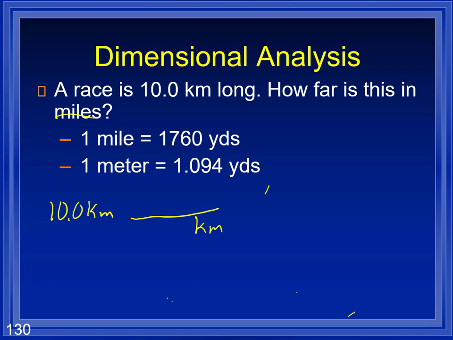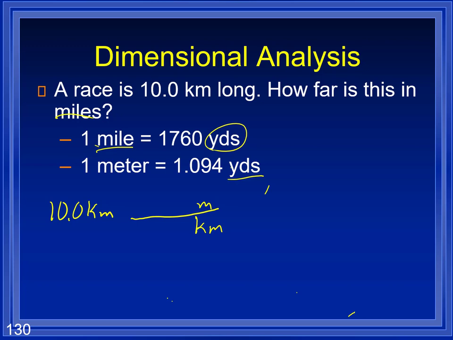I don't know that. So I gotta plan a route here. Can I get from kilometers to miles? Well, to get miles, I'll need yards. And to get yards, I'll need meters. Can I get meters? Well, yeah, because I've got kilometers. Kilometers I can turn into meters. And then meters I'll be able to turn into yards. And then yards I'll be able to turn into miles.